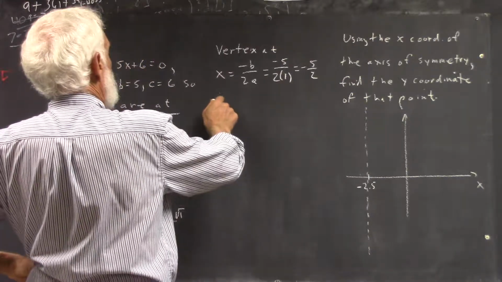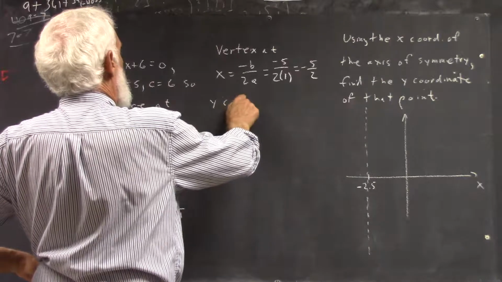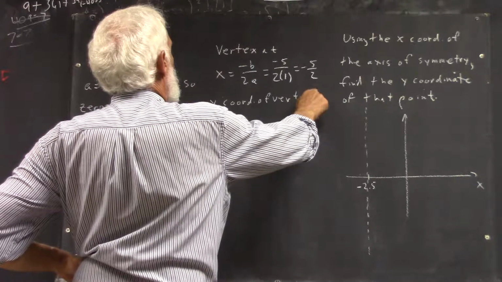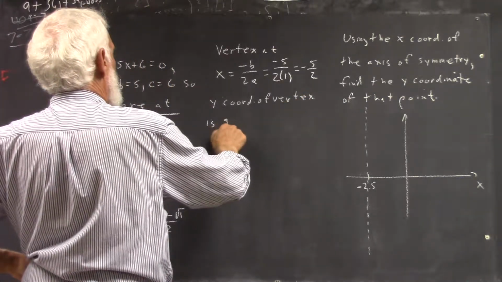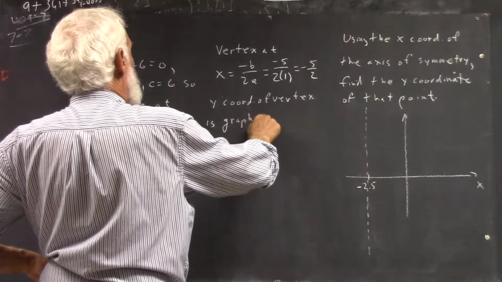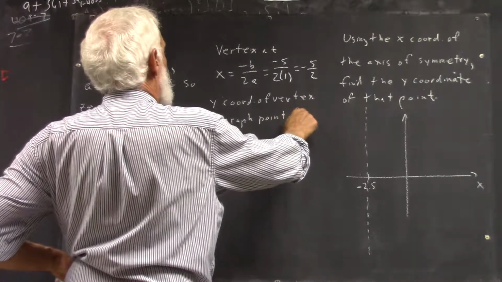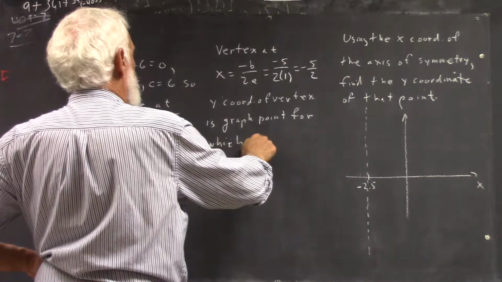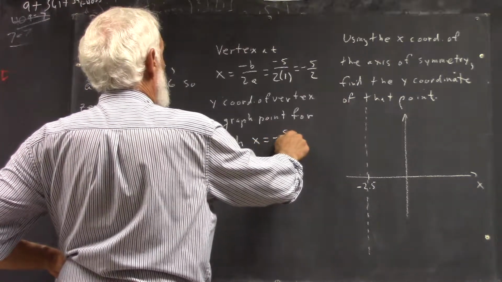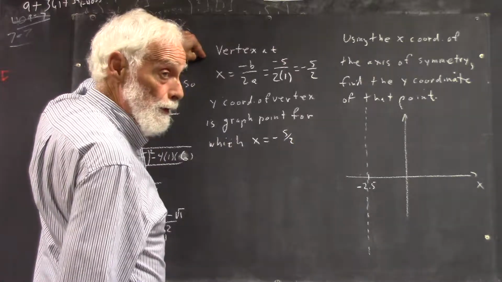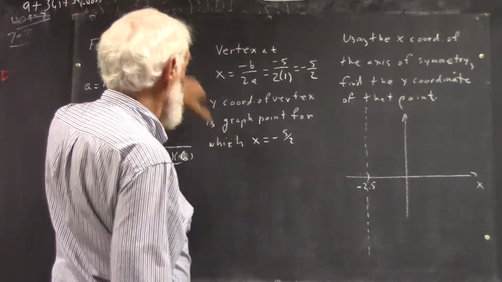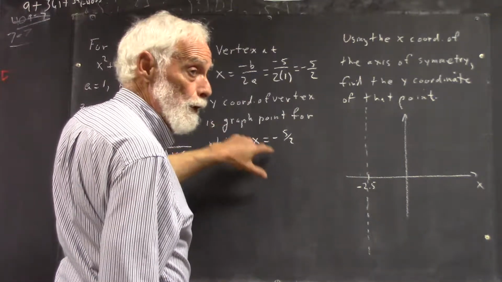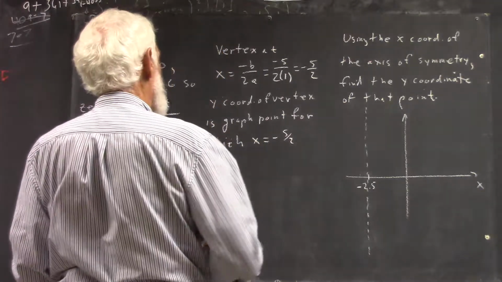Now, the y-coordinate of the vertex is the graph point for which x equals negative 5/2. Since this is the x-coordinate of the vertex, the point on the curve, it has x-coordinate negative 5/2 is what you get when you find the point on the graph, okay?